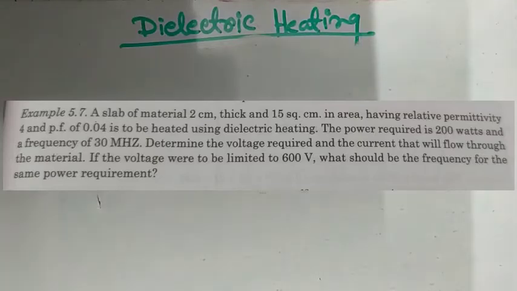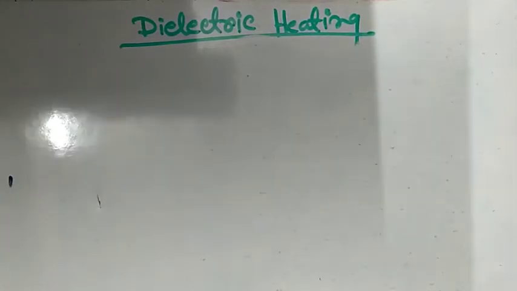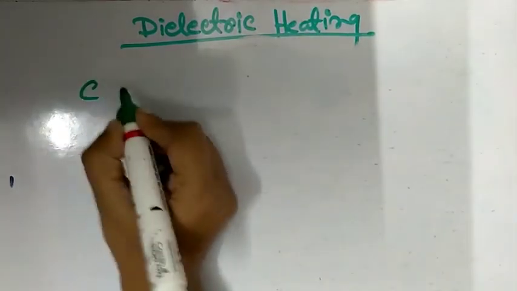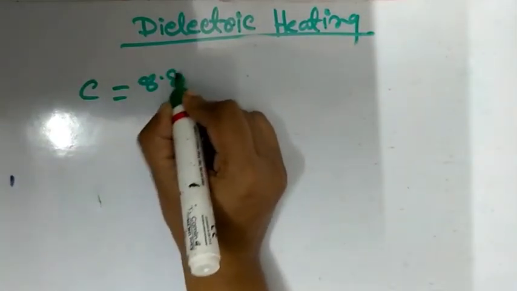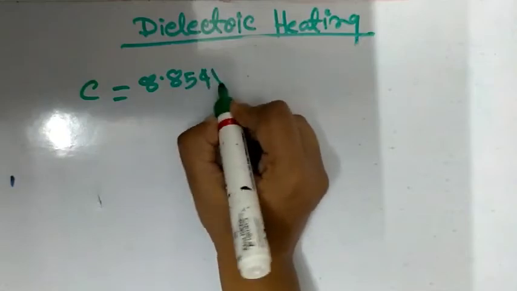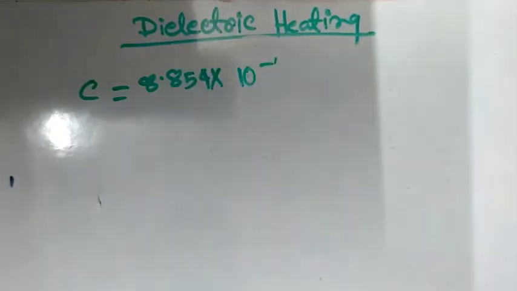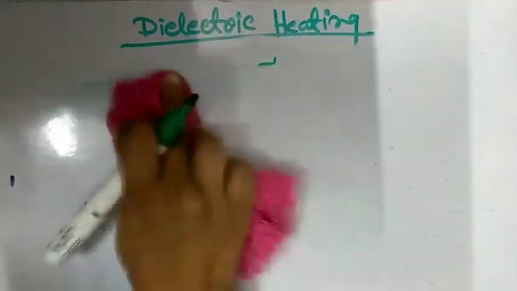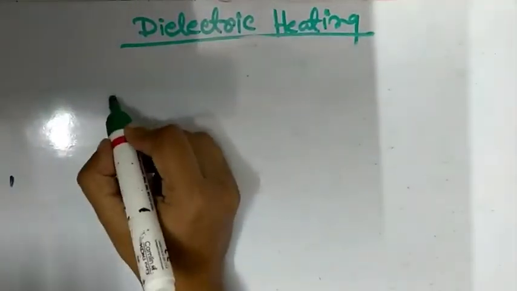Okay. So, capacitance C, the value of epsilon 0 is 8.854 into 10 to the power minus 12. At first I just write down the formula.